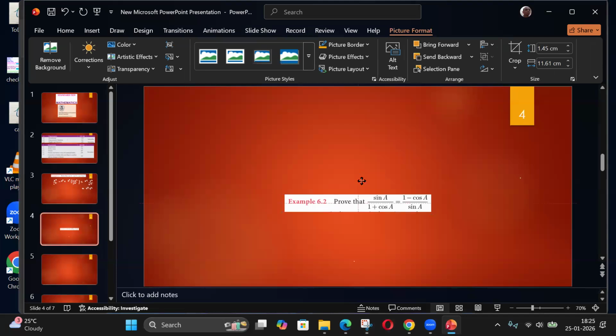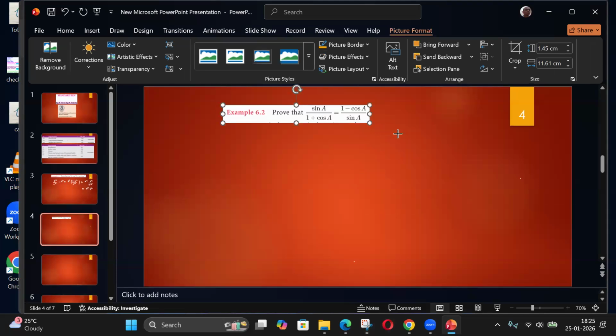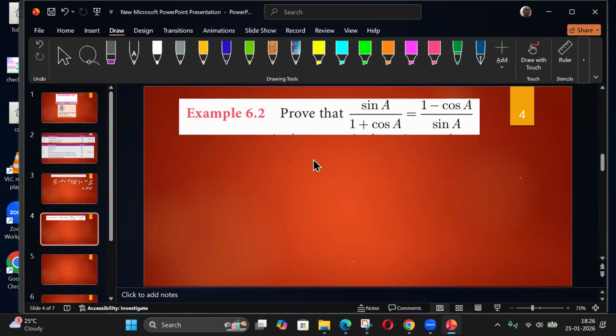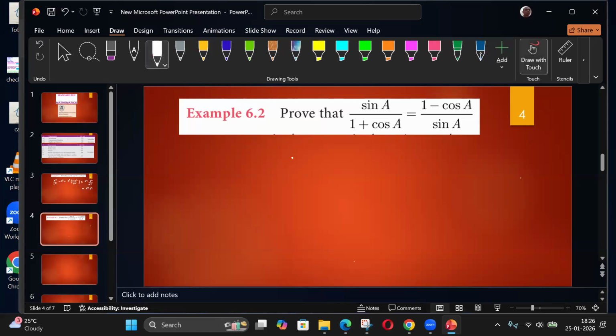So completed. What do you think? How did you do? First, sine A by 1 plus cos A. I did it like the conjugate method.